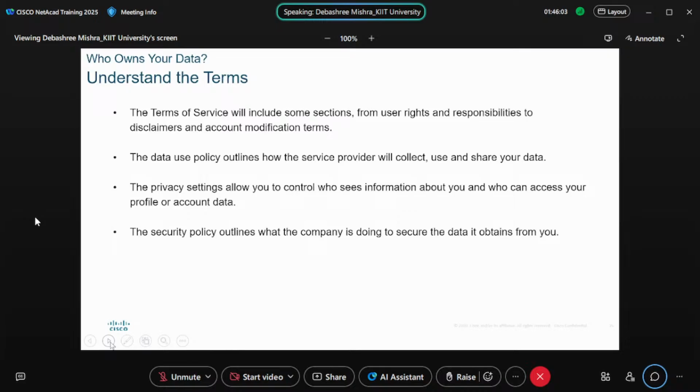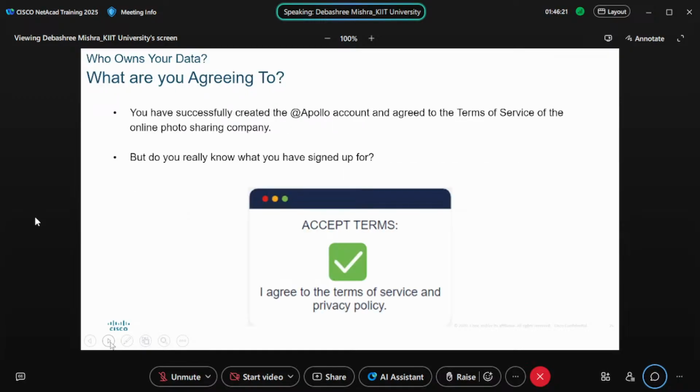So these are basically the security policies that come from the company side to secure your data, whether you are using the AWS platform or any other platform. These are certain policies and protocols that the company provides to secure your data.